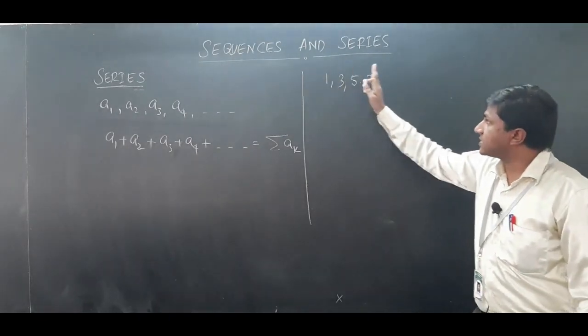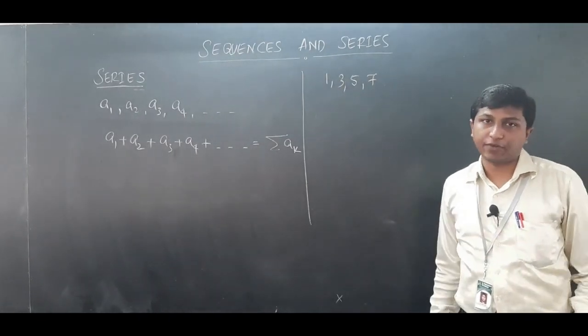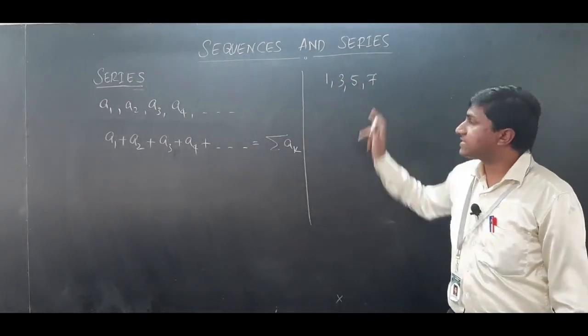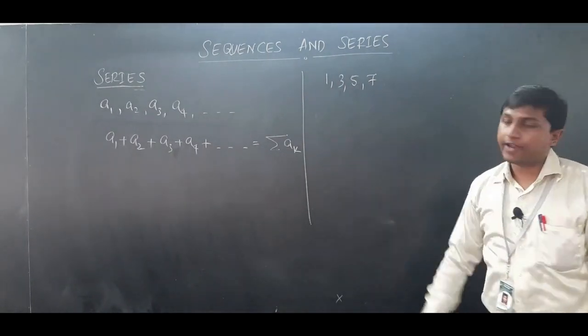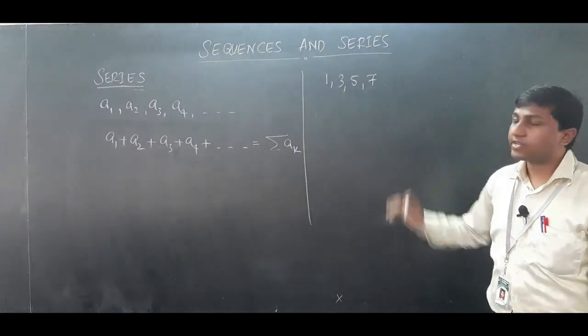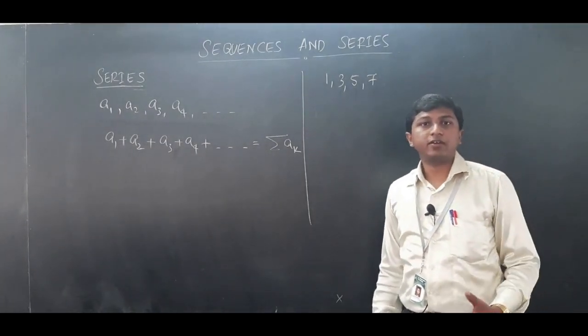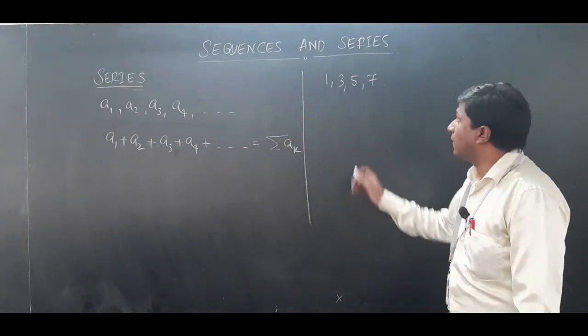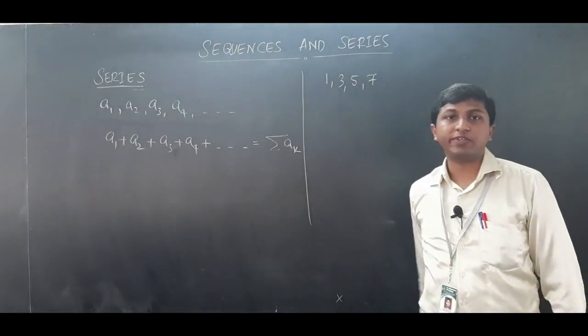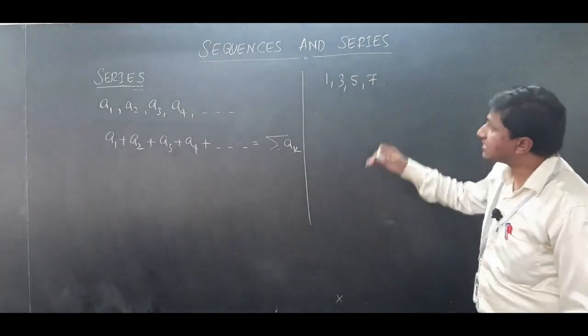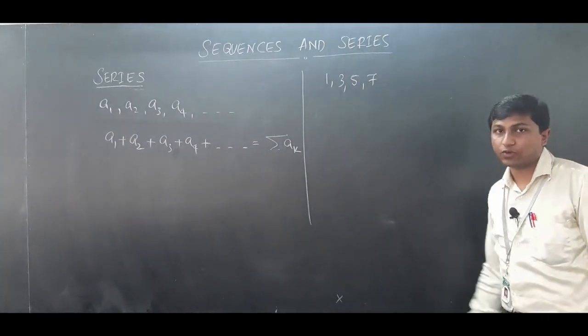So, the sequence is stopping at number 7. Okay. So, this sequence has how many terms? 4 terms, 1, 2, 3 and 4. So, we have taken a sequence containing 4 terms. Now, I have to write the series associated with this sequence.